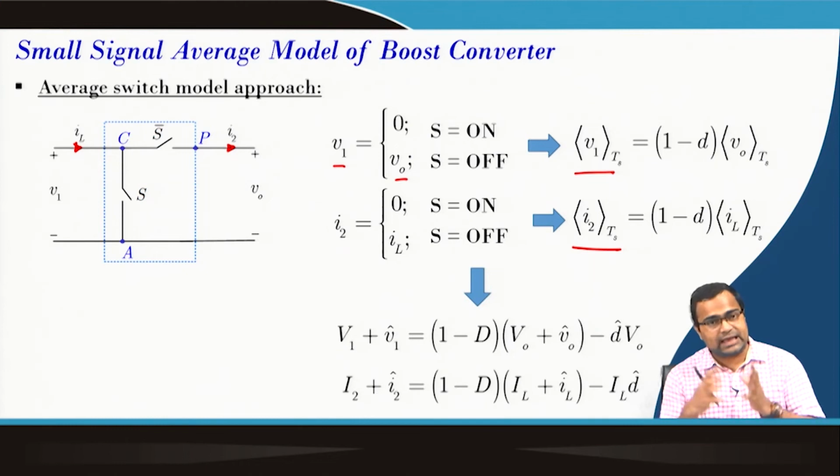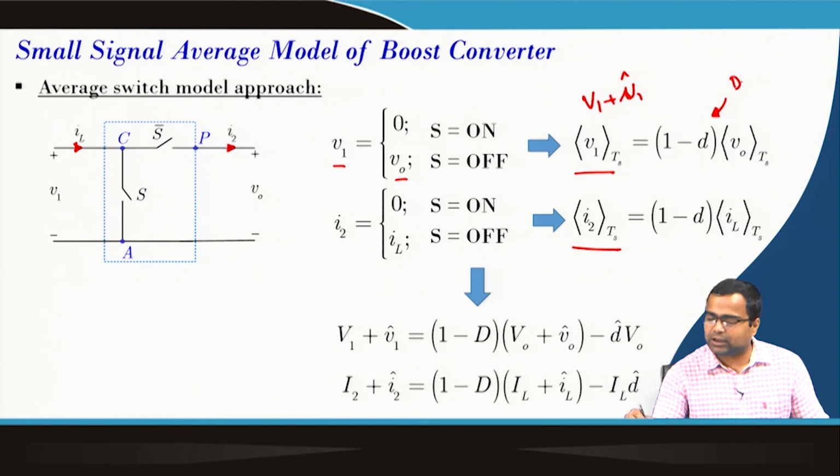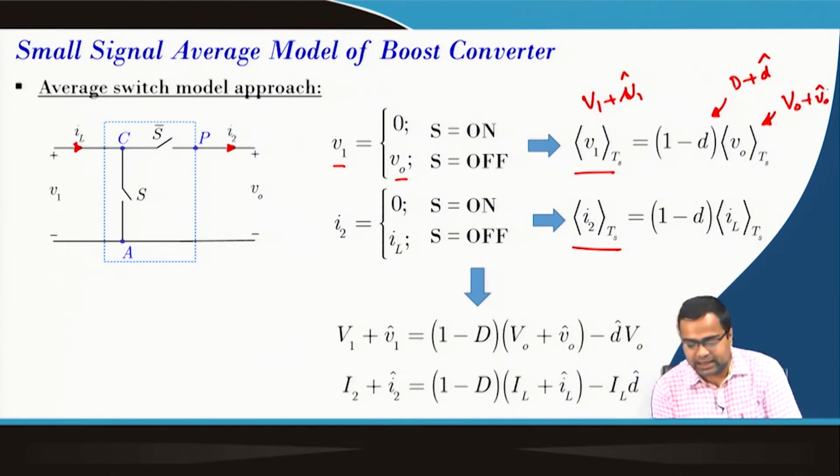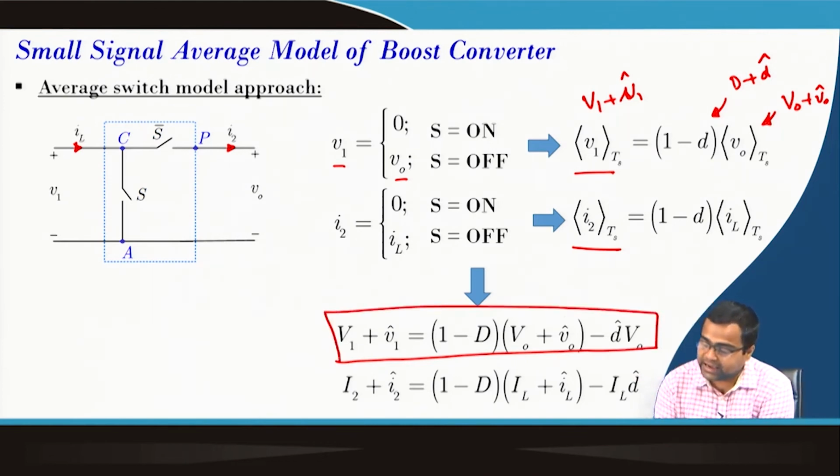Then using the same method, if we replace this quantity with V1 plus V1 hat, and we replace d with capital D plus d hat, and this quantity with V0 plus V0 hat, then we arrive at this equation from this equation by ignoring the term d hat into V0 hat.